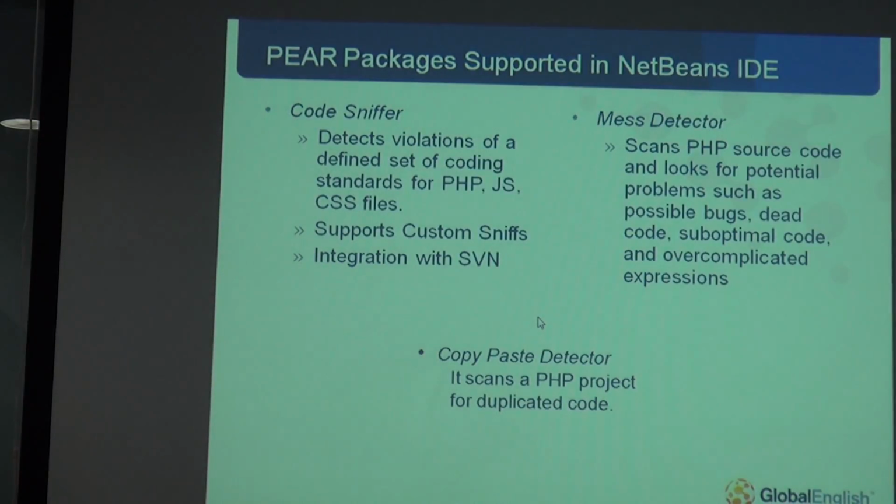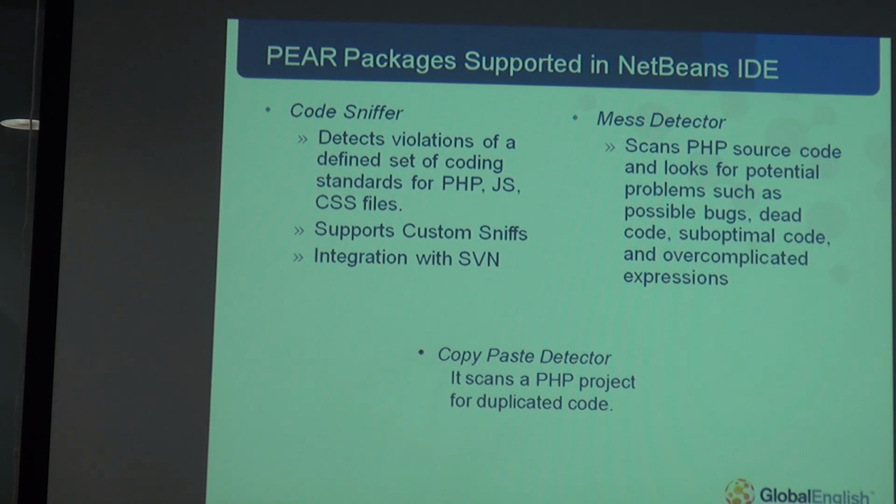Basically, code sniffer is a package that detects violations in the coding standards. They call them sniffs. We can write custom sniffs, which are PHP scripts that check your PHP code to see whether the correct standard is being followed, like whether correct spaces and indents are used, and the standard formats can be customized.